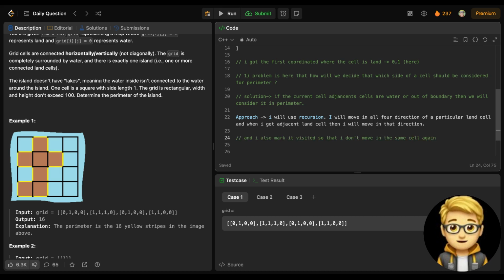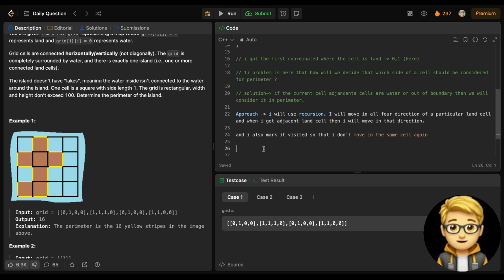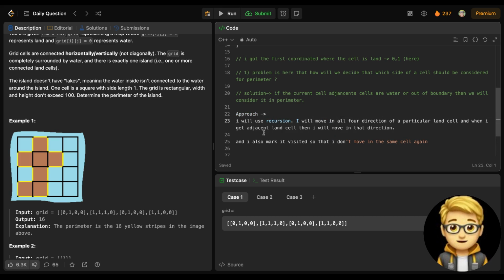Otherwise it will not be able to move anyway. So the first step was this, this is the second.